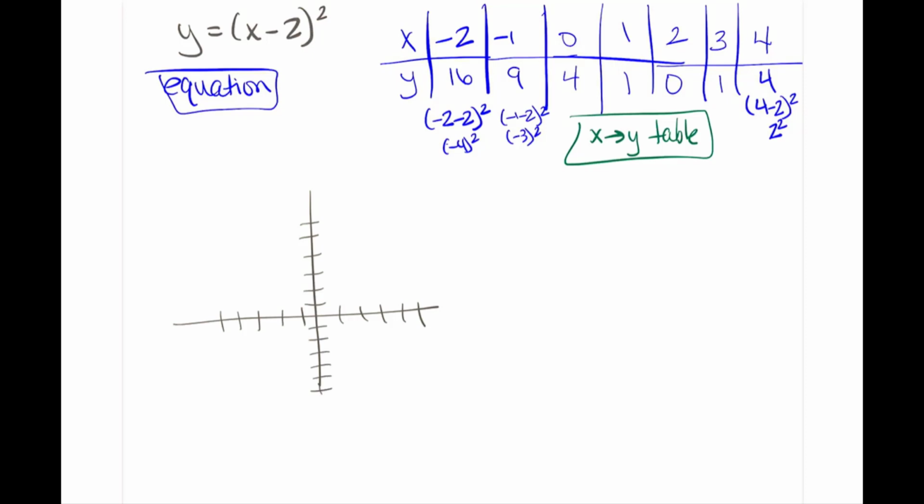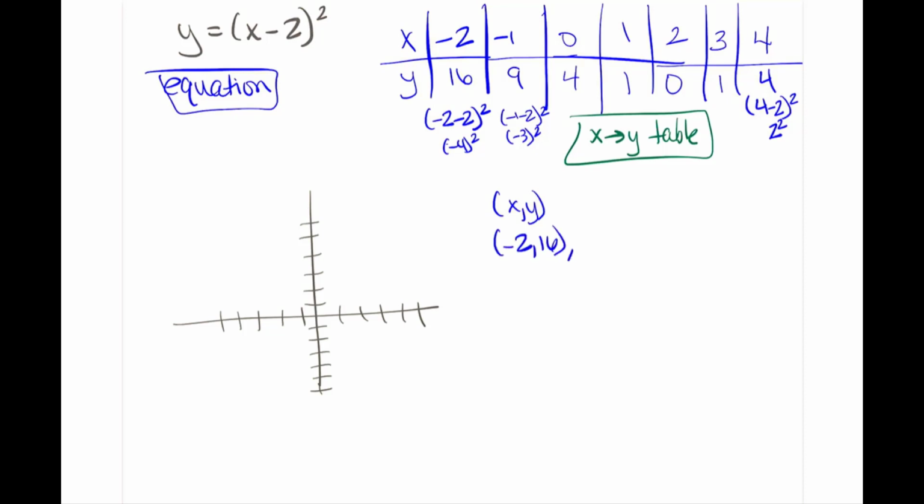So when I actually look at our table, our XY values are coordinate points. A coordinate point is an XY value. So I can go through and come up with all of these XY values off of my table. My first point, my x value would be -2 and my y value would be 16. So that would give me the coordinate point (-2, 16).